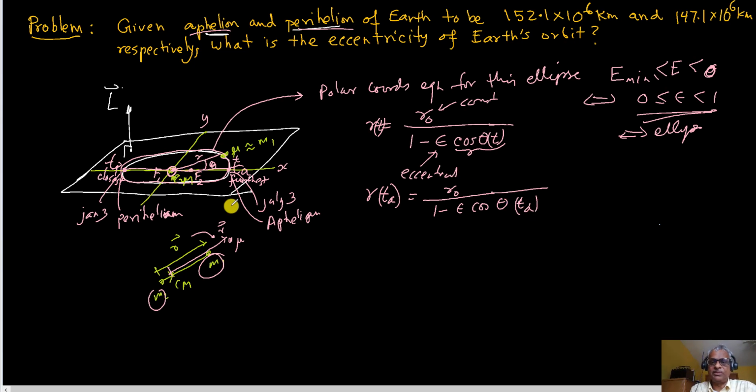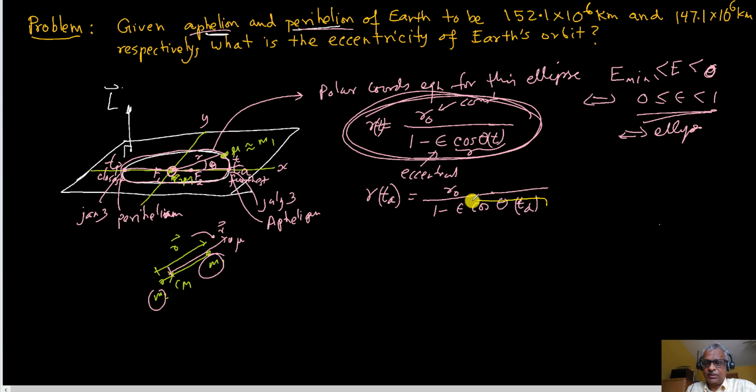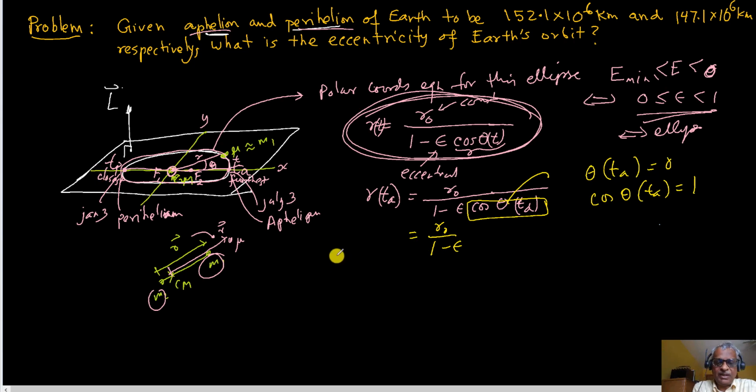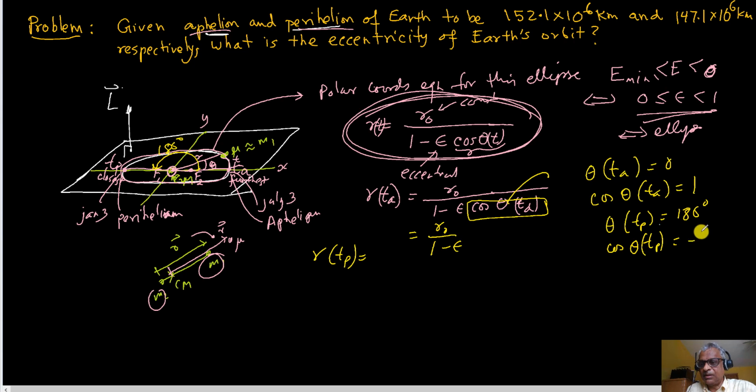In my coordinate system, the way this particular form of the equation works out, theta at T Aphelion is 0, and that means cosine theta at T Aphelion equals 1, and that makes it simply R0 over 1 minus epsilon. How about the perihelion? R at T perihelion, theta at T perihelion will be 180 degrees. From here, this angle will be 180 degrees. So that makes cosine theta perihelion minus 1, and this becomes R0 over 1 plus epsilon.